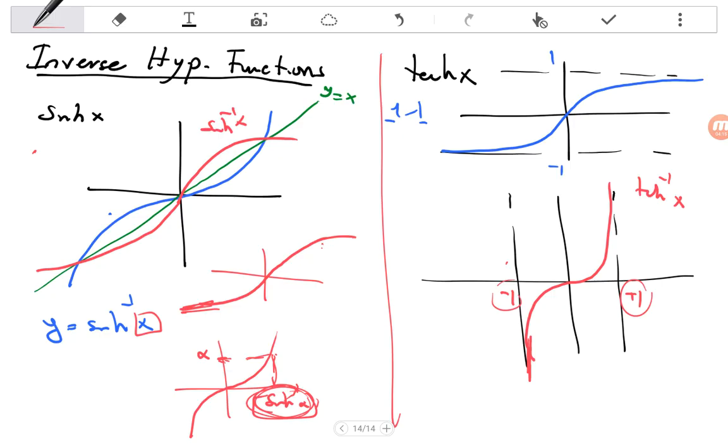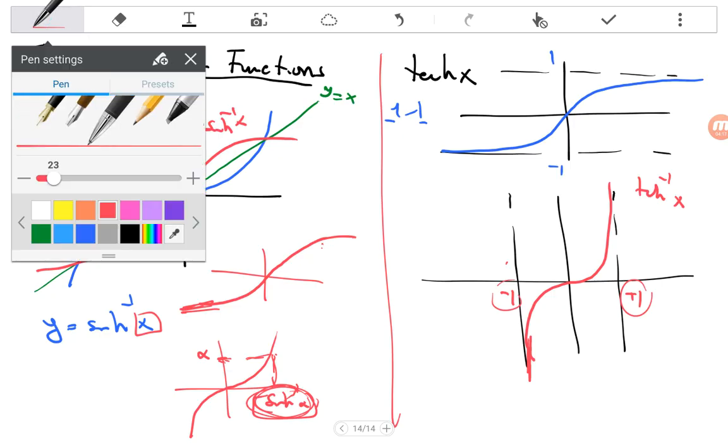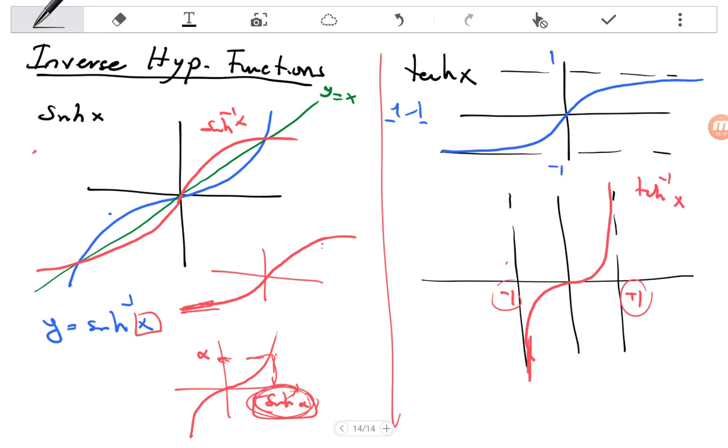So that is for sinh inverse and tanh inverse. Now, what is the domain and range of sinh inverse? It is R and R, because we learned that sinh x itself has a domain of R and a range of R. What about tanh inverse x?